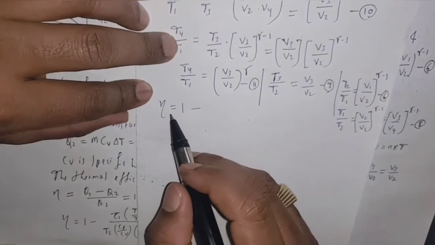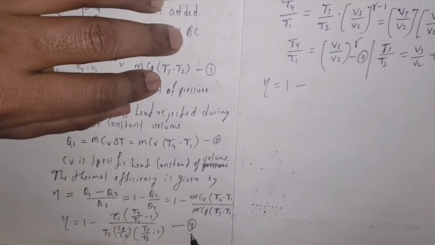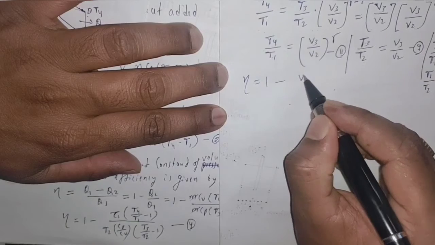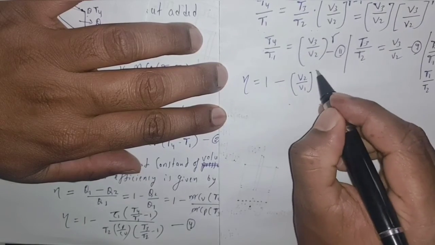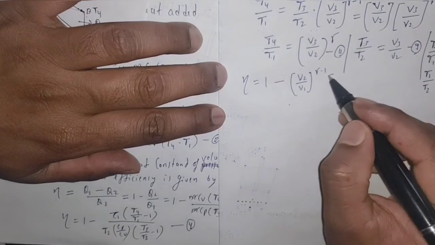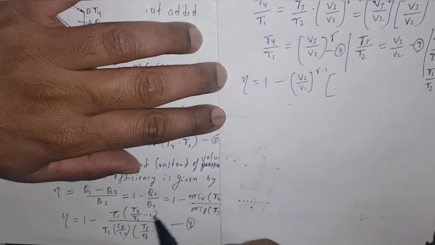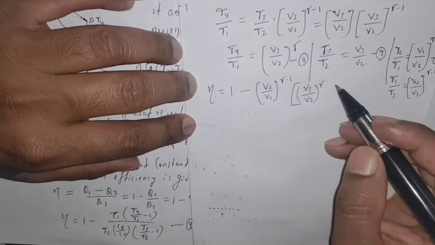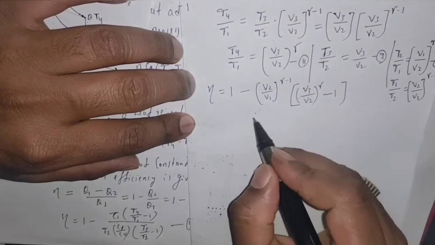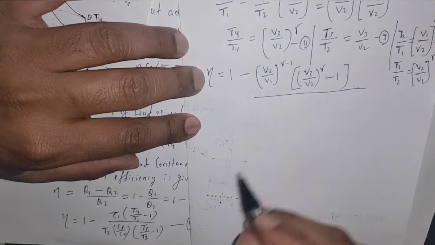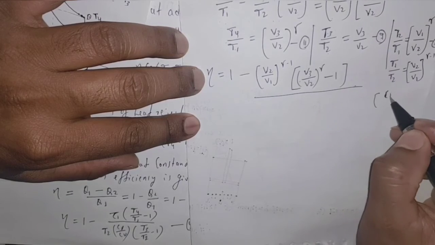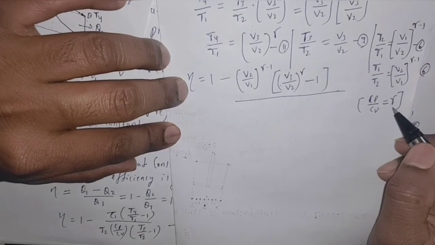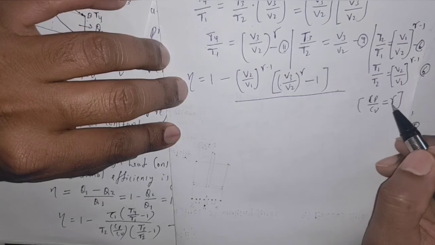Substituting these values of T1 by T2 in equation 4, that is the thermal efficiency equation, we are going to get V2 divided by V1 whole power gamma minus 1 bracket, T4 by T1 value is V3 by V2 whole power gamma minus 1, and here Cp by Cv is nothing but gamma, that is constant, and I am going to replace Cp by Cv by gamma.